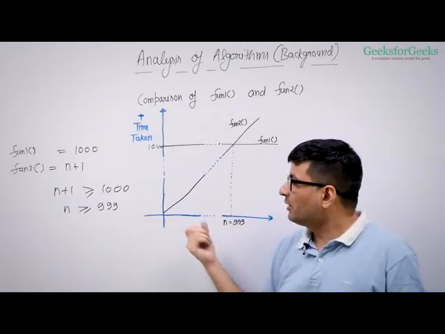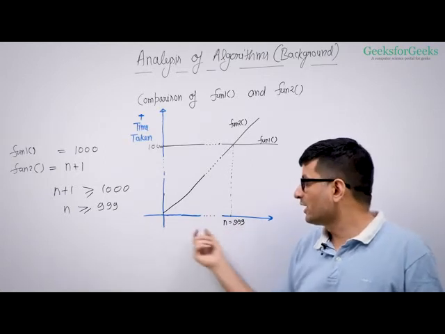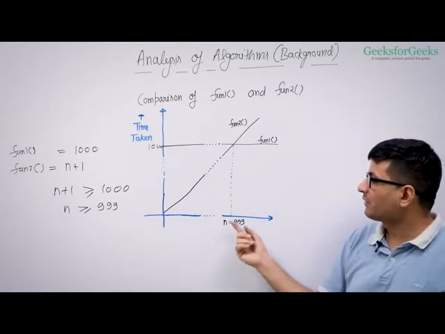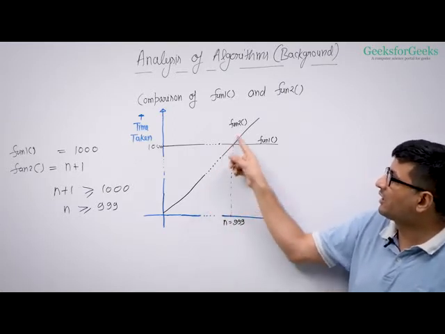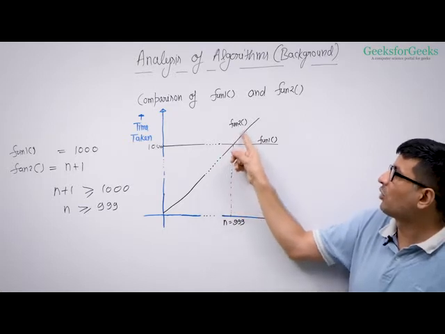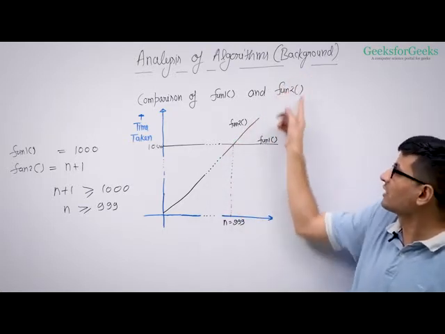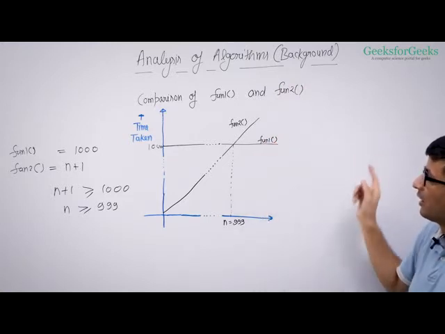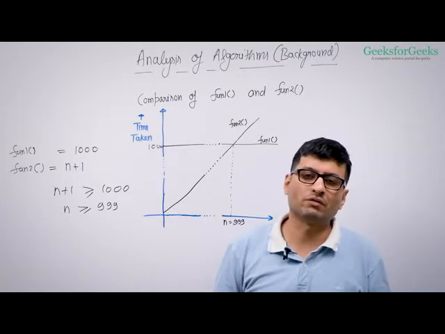In this example, we found the value 999, and this is where this value is in the graph. After this, you can see that this linearly growing graph always has more values, right? It's always going to be more because it grows like this and this grows like this. The same thing happens when you compare Fun3 with Fun2 and Fun1.